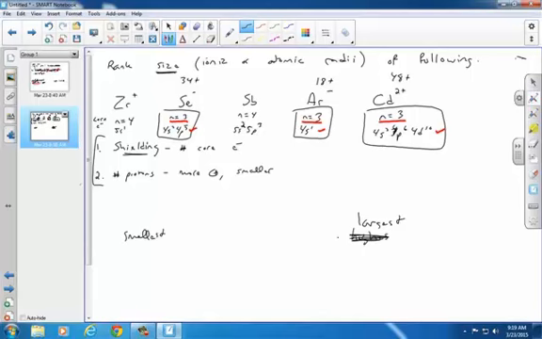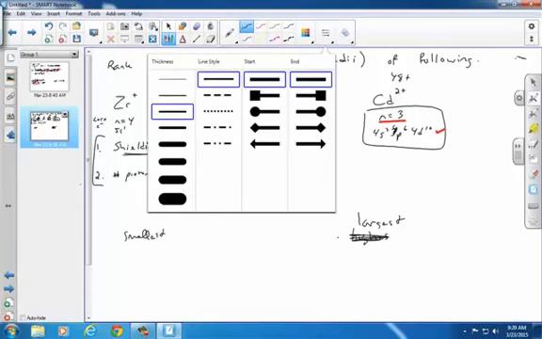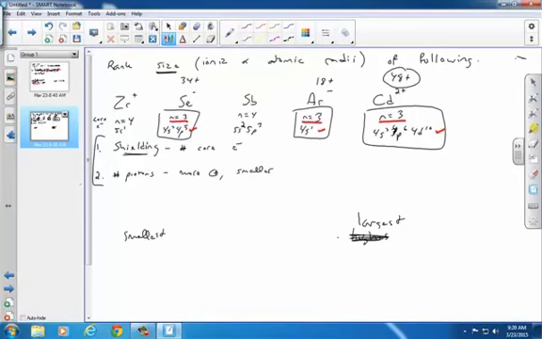So then we look to see which has more protons. The 48 protons versus 34 versus 18, that's what allows us to make the difference between these ions if they have similar amounts of core electrons.